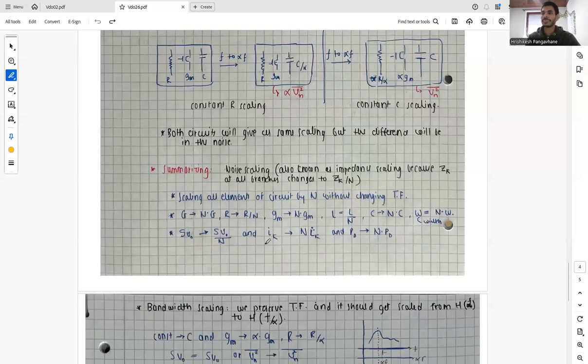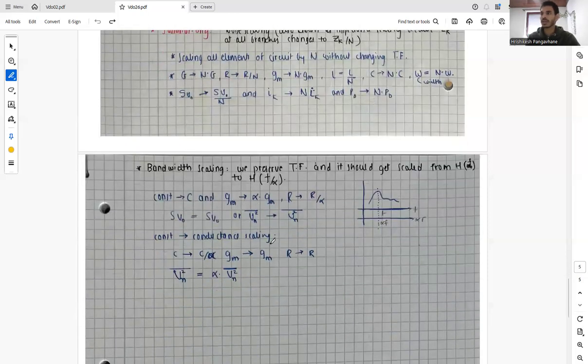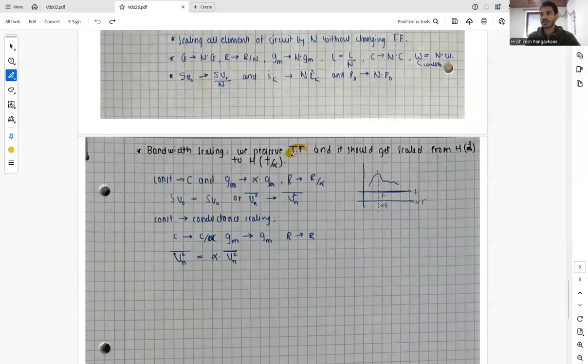and thus the power is n times PD. And when we come to our bandwidth scaling, what we saw just now, we preserve the transfer function here as well, but what we require is that it should get scaled from the transfer function h of f to h of f by alpha.